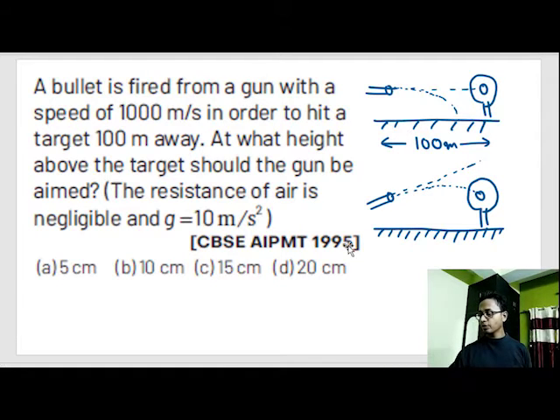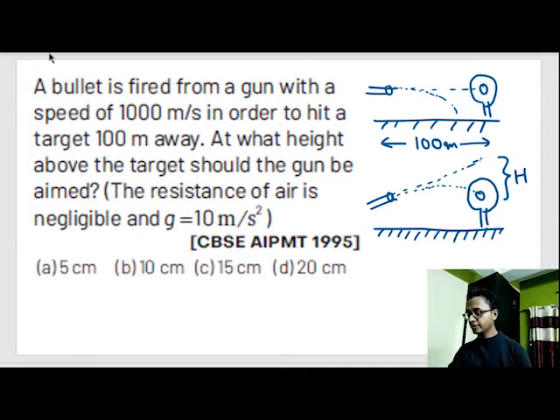Now the question is asking, what is this height? What is the height from the bullseye to where we aim? So we'll try to imagine this question. What else can we find out from here? We can find out this theta.